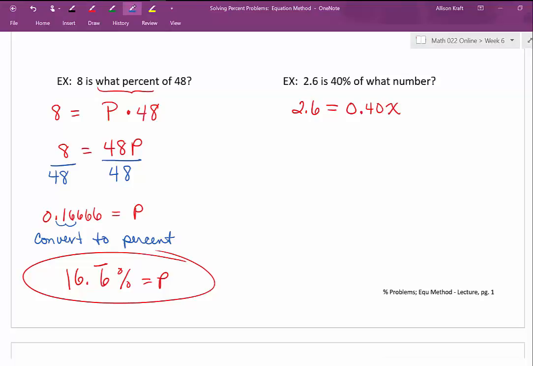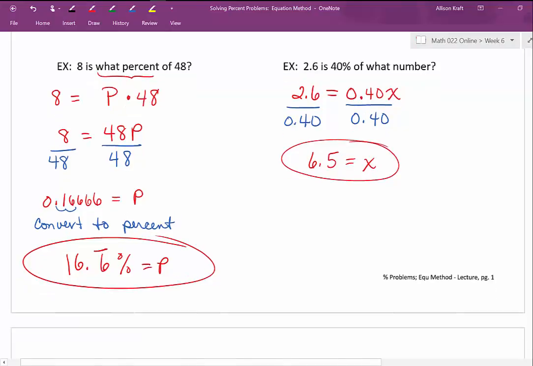To solve for x, I'm going to divide both sides by 0.40. 6.5 is equal to x. I do not need to convert this number to a percent because we're not finding a percent, we're finding a number. So this is just our answer.